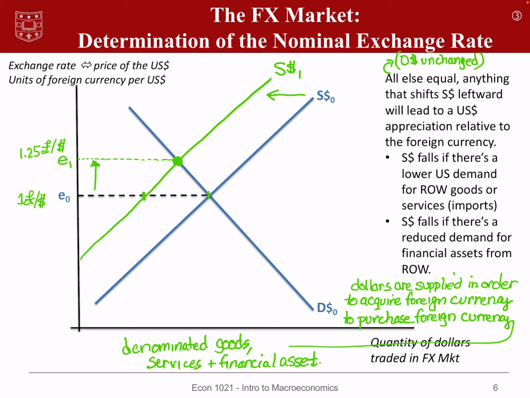So flipping that around, the supply of dollars would fall in the foreign exchange market if there's a lower demand by people in the US for the rest of the world's goods or services.